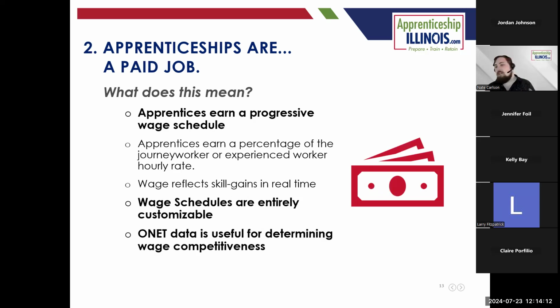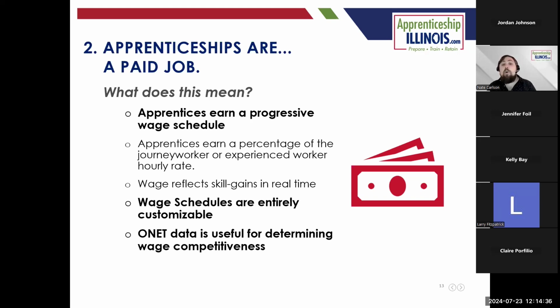You work hard, you're putting your nose to the grindstone, but you're not sure when you're going to see the payoff for that, right? Apprentices know on paper from day one what they have to do to earn that next wage increase. And that's a huge boost to retention. It's much easier to stick out a tough week when you know you're just days away from a $3 an hour raise than when you have no clue when that's happening.